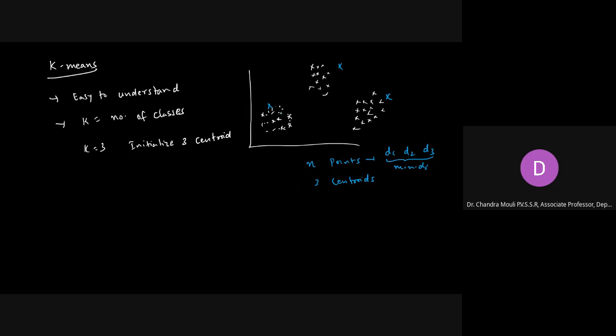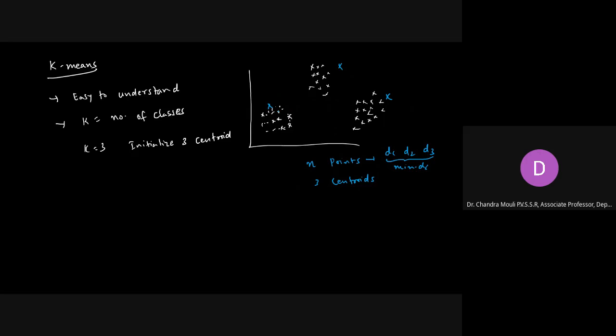Once you do that, you initially categorize every data point into the respective centers. Then you remove the group center by taking the mean of all these vectors and initialize the center with the mean.